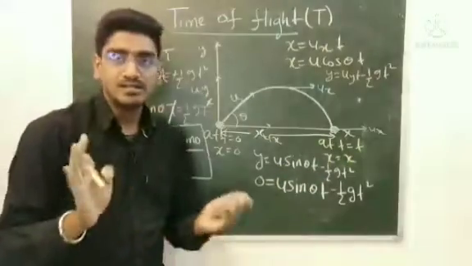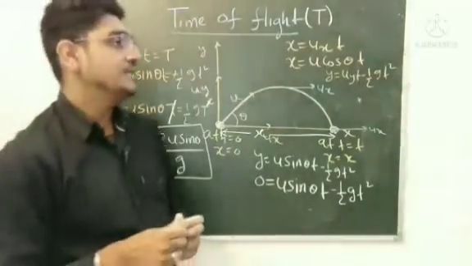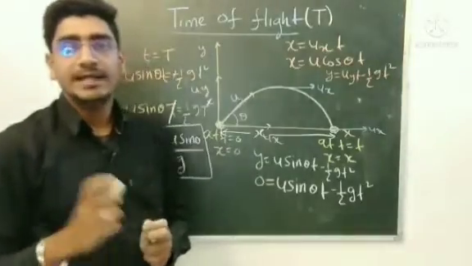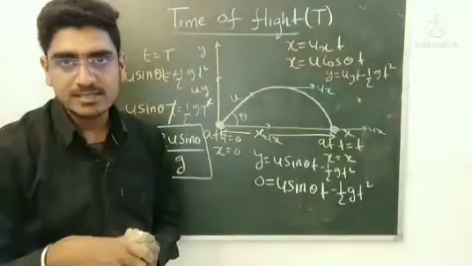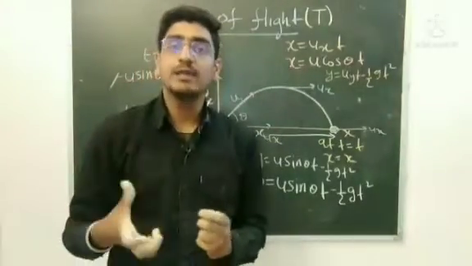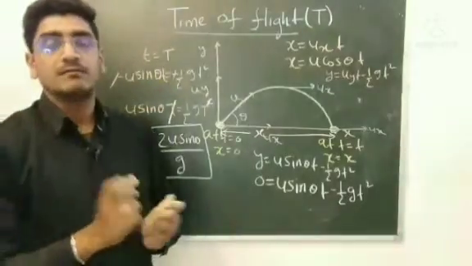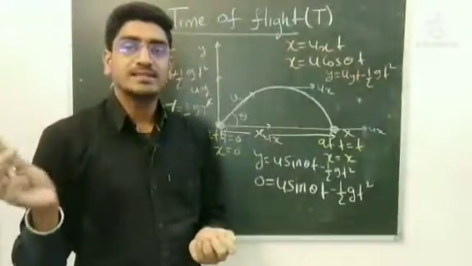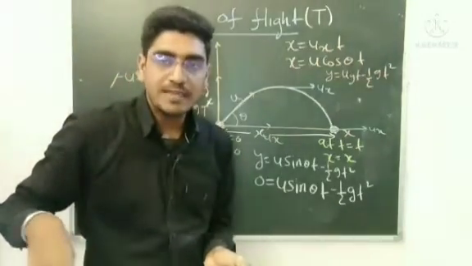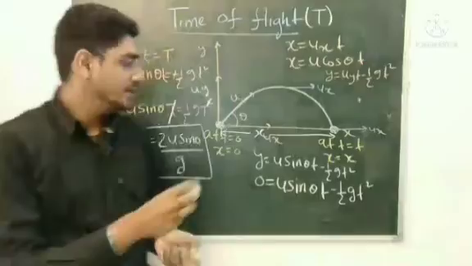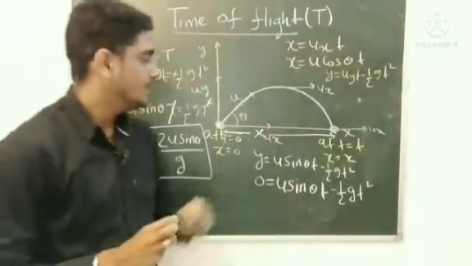The horizontal distance is simply called the range, right? For example, if we throw any particle, it depends on what distance it moves along the x-axis. If we throw any particle, it has two distances, horizontal and vertical. If we calculate this horizontal distance or displacement, we call it a range.